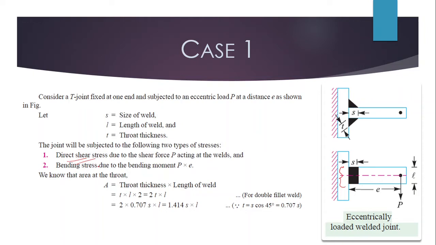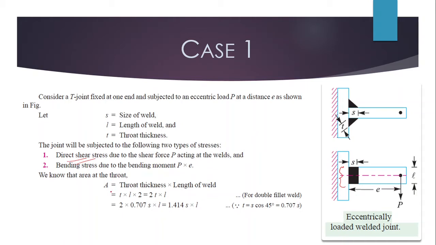And second one, bending stress due to the bending moment P into E. Here, due to this particular force, this particular weld is acted upon by a direct shear stress, and simultaneously a bending stress acting at this particular weld due to the bending moment P into E. This is force into perpendicular distance, P into E.